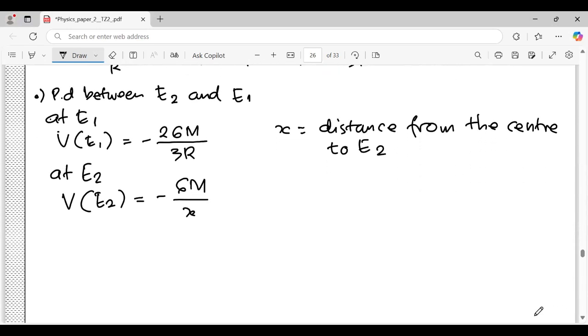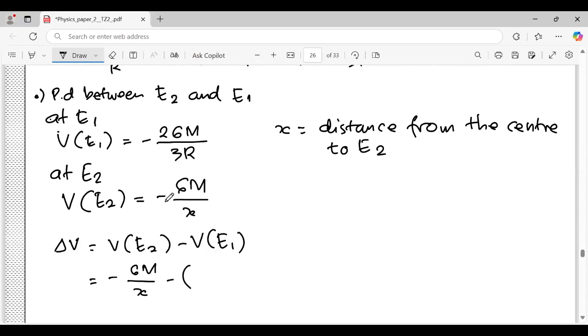So it means delta phi, the potential difference between E2 and E1, equals phi E2 minus phi E1. Phi E2 is minus GM over x, minus minus 2GM over 3R. It equals 2.2 times 10 power 6 joule per kg.